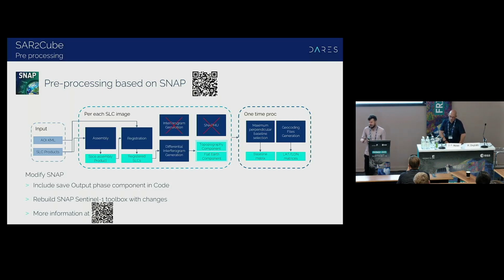This is done just for the old data set, and then just one time the computation of geographical matrices for the conversion from slant range to geographical coordinates. And here in this link you can find the issue in the Snap forum we opened, where it's detailed what we did to store the topographical and flat earth component in Snap.